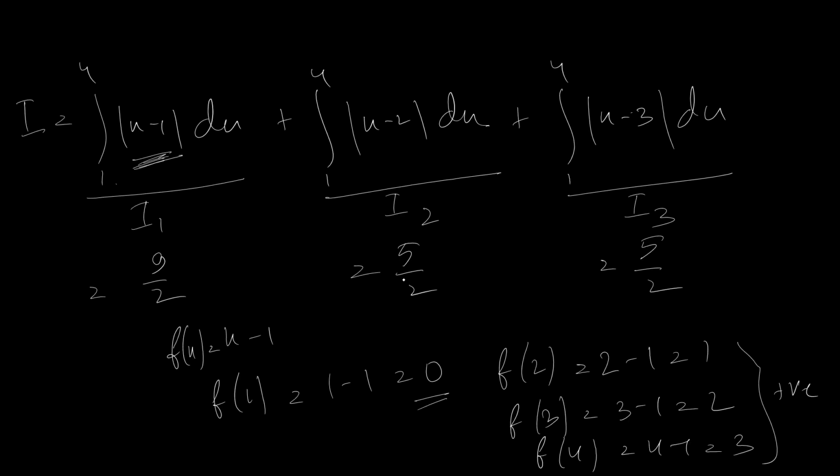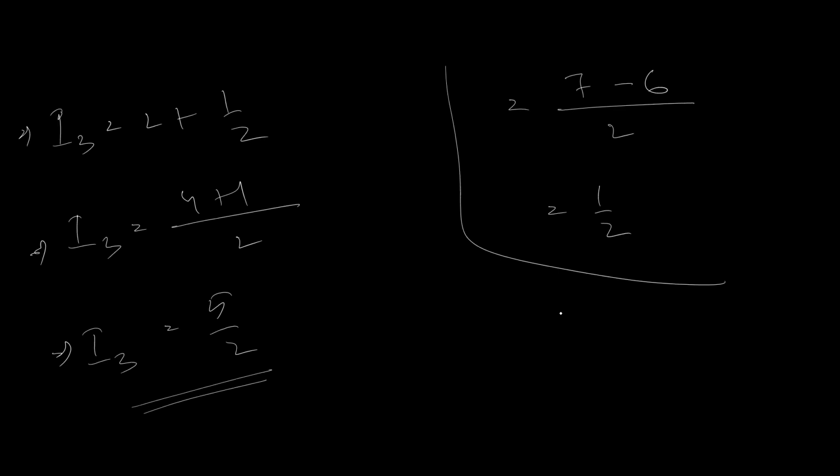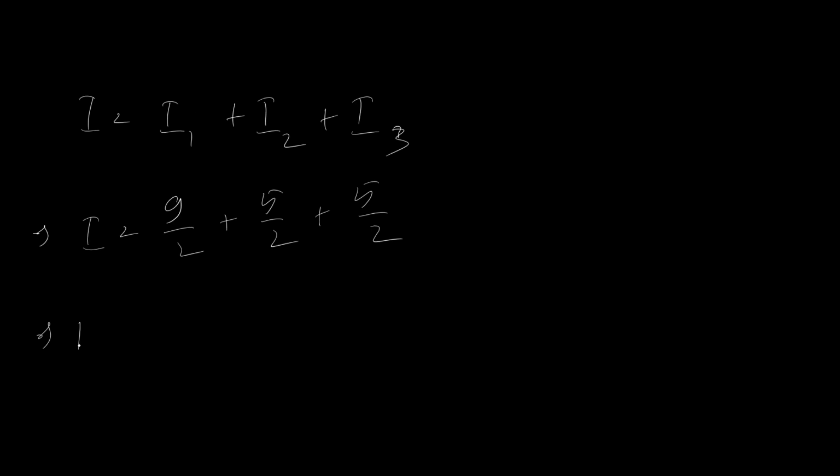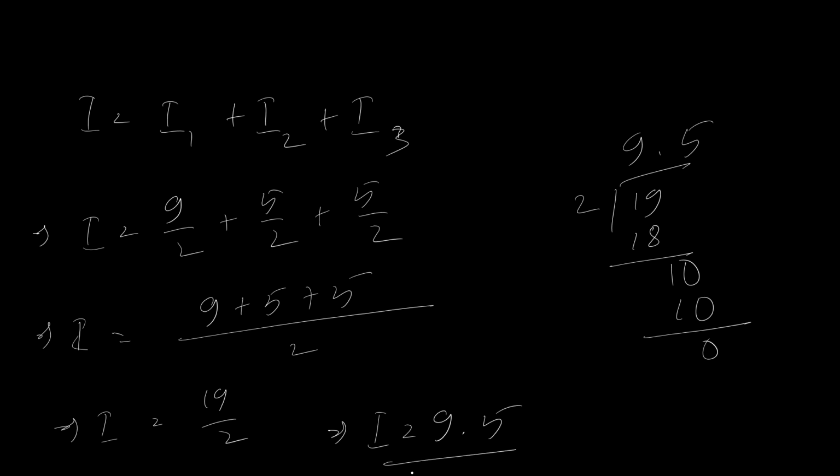Taking the LCM 2, 9 plus 5 plus 5, so I is equal to 19 by 2. Two nines are 18, remainder 1, then 2 fives are 10, 0. Therefore I is equal to 9.5. This is the answer.